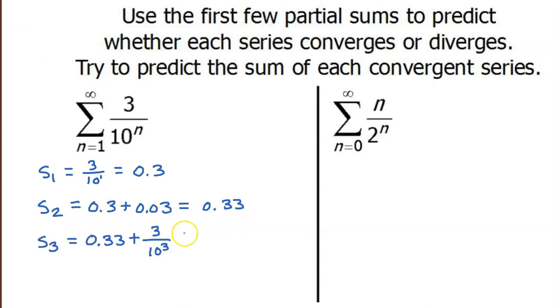Let's do one more by hand, then we'll switch over to the calculator. Partial sum S_3 will be the previous partial sum plus term 3, but this is 3 thousandths, in other words, 0.003. And even without a calculator, we can see that 0.33 plus 0.003 is 0.333.